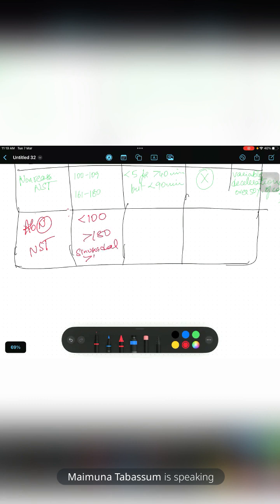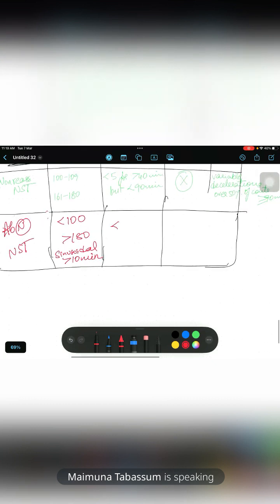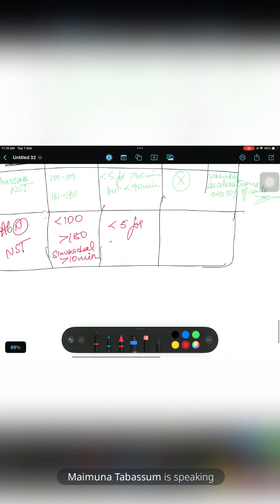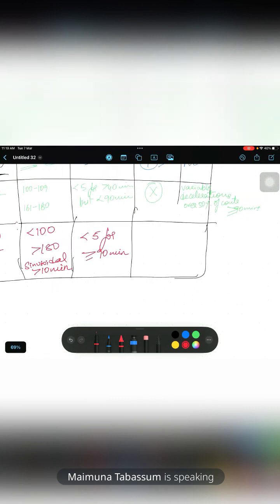sinusoidal pattern for greater than 10 minutes, it is abnormal. Then less than 5 variability for greater than or equal to 90 minutes. And then accelerations will be absent.